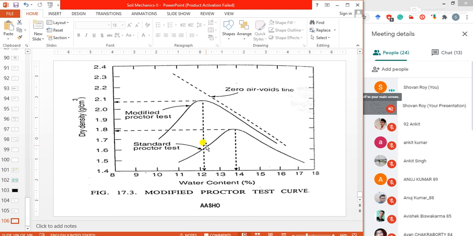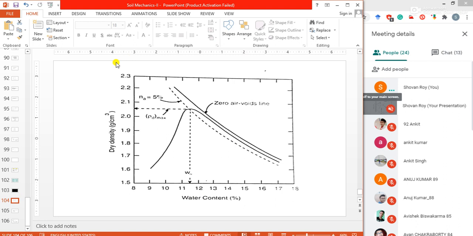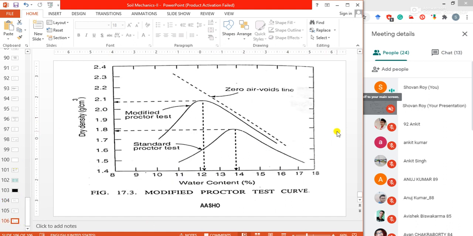At that time we need this modified Proctor test curve, otherwise it is not needed. In simple cases we normally follow the standard Proctor test or light compaction test. But when we need to construct for heavier transport or a transport system for military service, we normally follow this modified Proctor test curve.